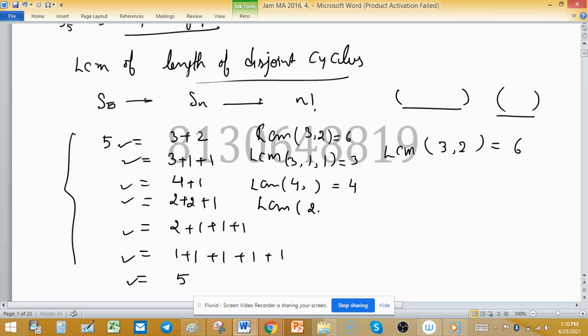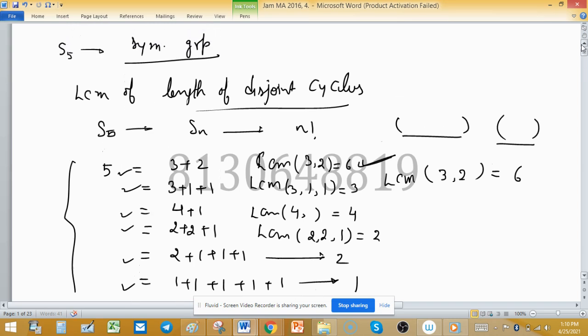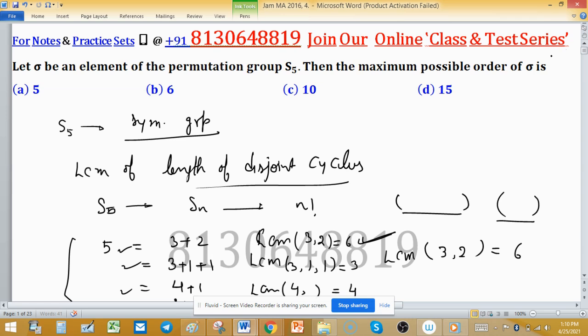LCM of 2, 2, 1 is 2. Again the LCM of this one is 2. Then LCM of 1 and LCM of 5. So the maximum possible LCM is 6. So the maximum possible order of an element is 6. So option B is correct.